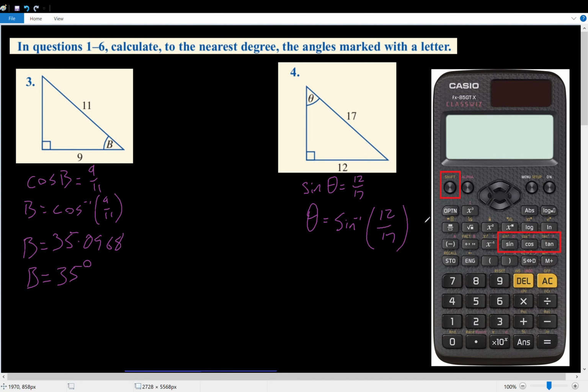Again, we go to our calculator: shift, sine key, put in our fraction, press equals, and we get 44.90087. But we need it to the nearest degree, so we round that. So our theta is approximately 45 degrees.